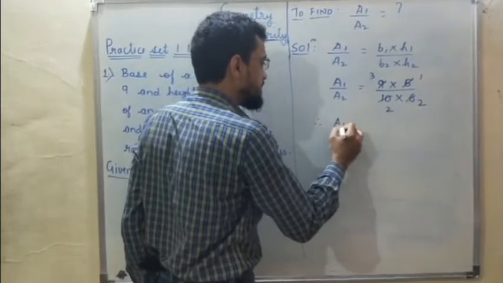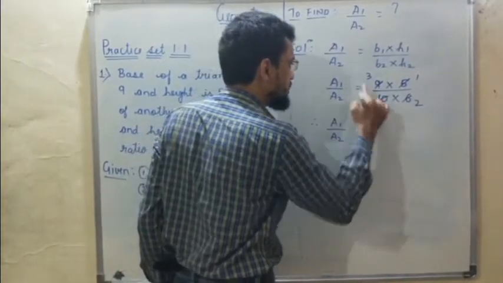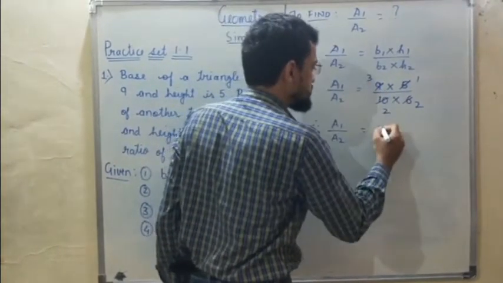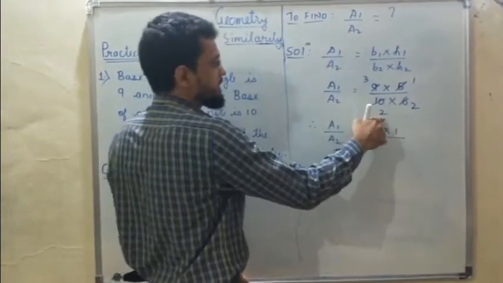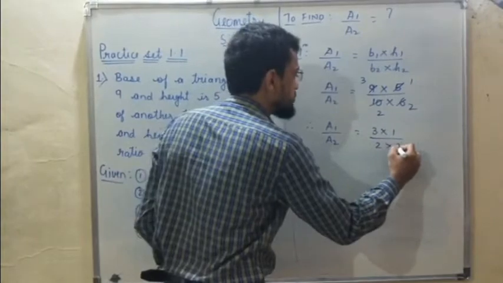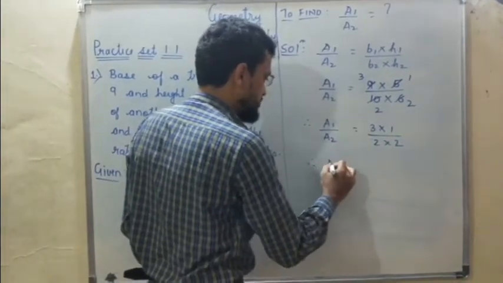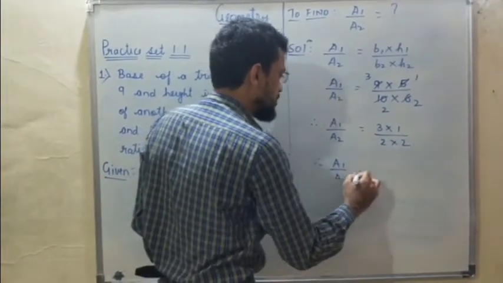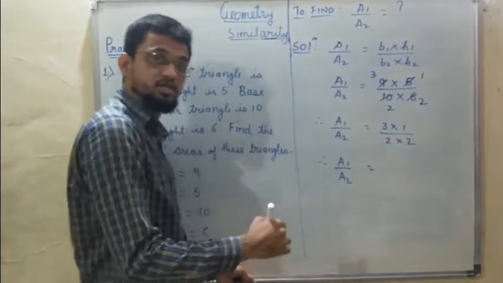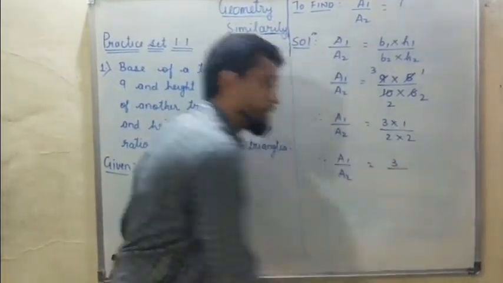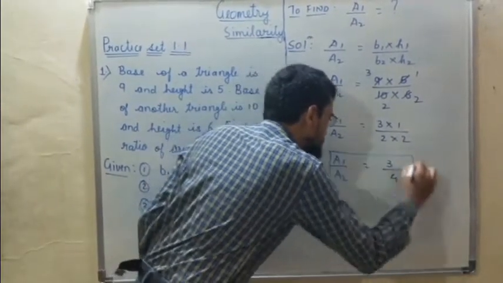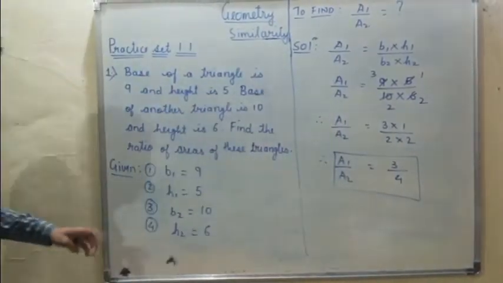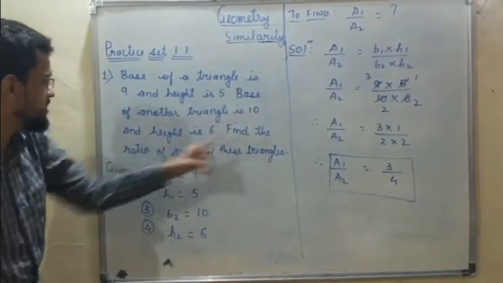Therefore, A1 upon A2 is equal to, in the numerator 3 multiplied by 1 divided by, in the denominator, 2 multiplied by 2. Therefore, A1 upon A2 is equal to 3 multiplied by 1 is 3 divided by 2 multiplied by 2 is 4. Therefore, the ratio is 3 upon 4.